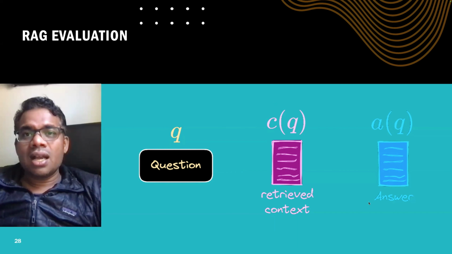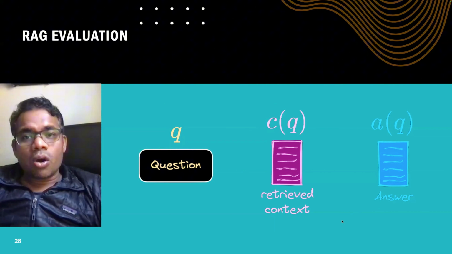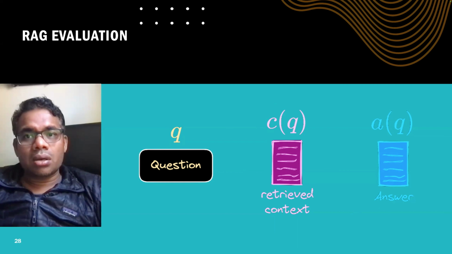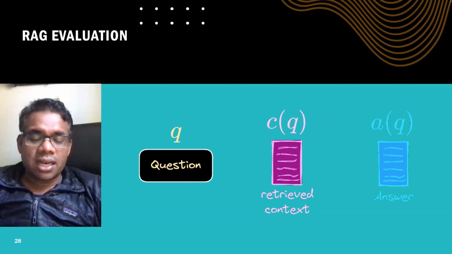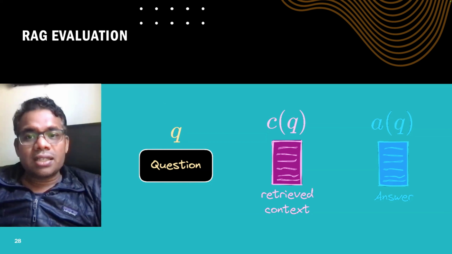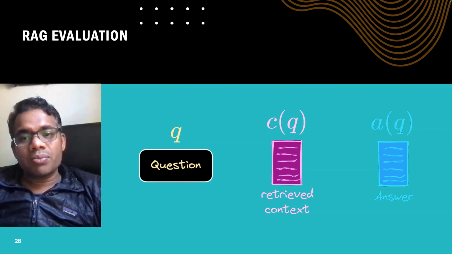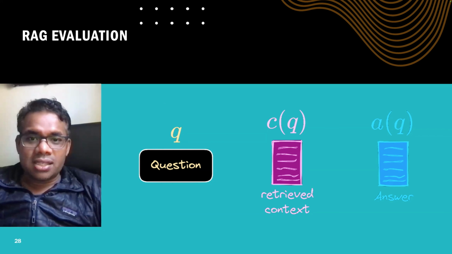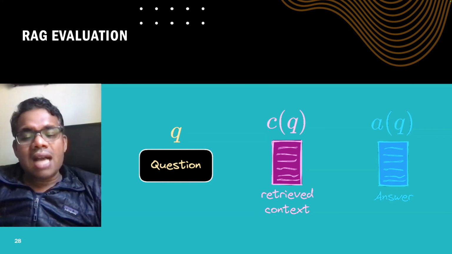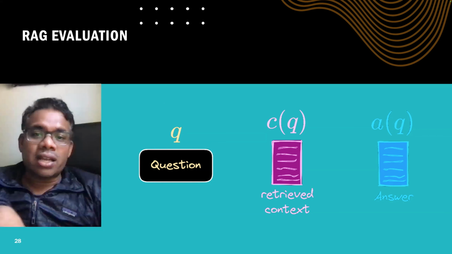While creating any chat application, we should always have a space where we can get feedback from the user. If the user says, okay, this answer is good for my question, now the RAG system will learn accordingly.